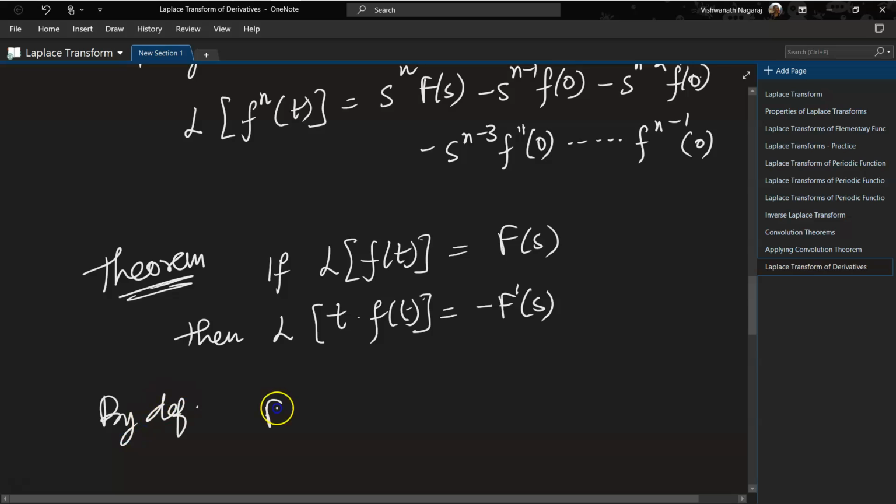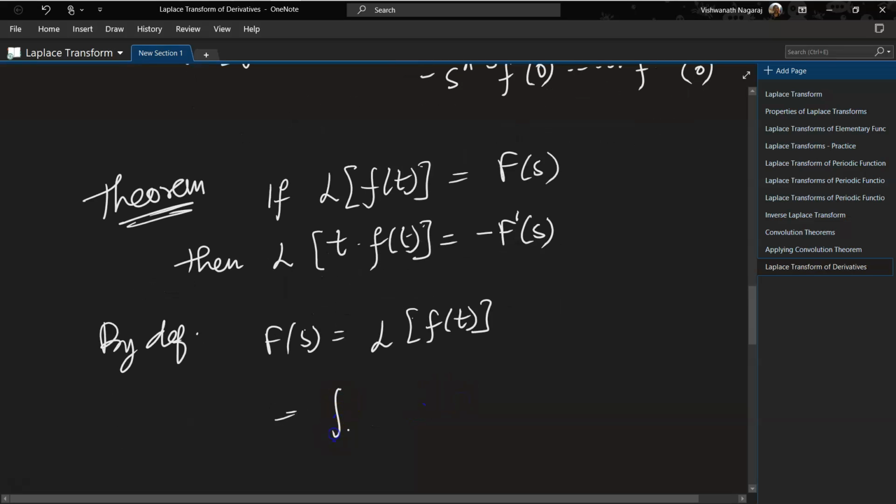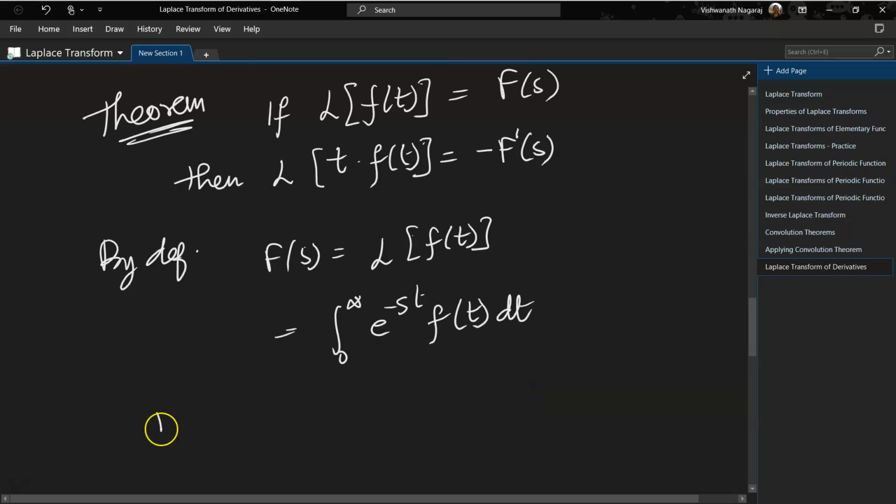By definition, F of s is equal to Laplace of f, which can be written in integral form as 0 to infinity of e to the power of minus st f of t dt. Now, F prime of s would be equal to what? Differentiating this integral.